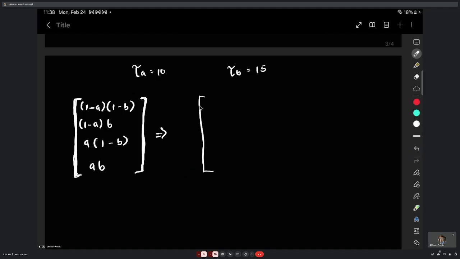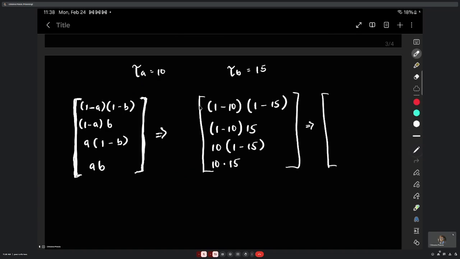But we want to now evaluate the Lagrange basis polynomials, right? So this will now be 1 minus 10, 1 minus 15. This will be 1 minus 10 times 15. This will be 10, 1 minus 15. And this will be 10, 15. Right?